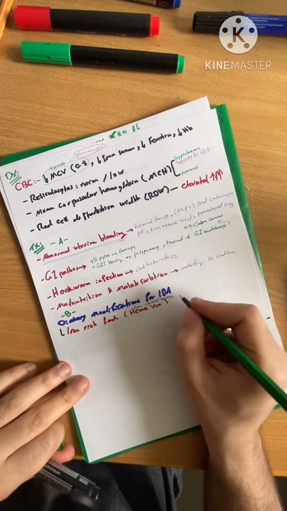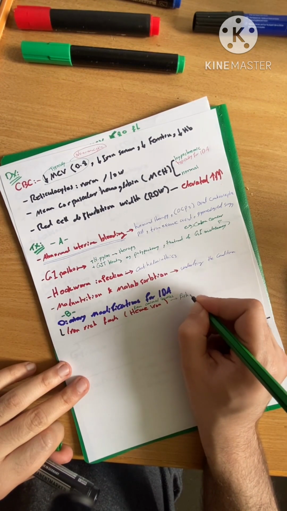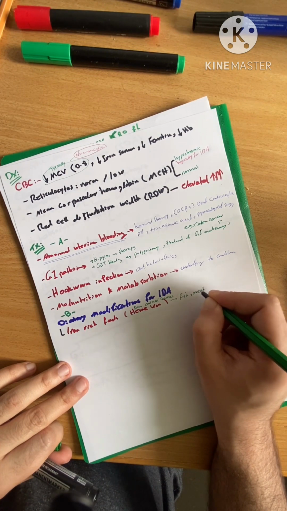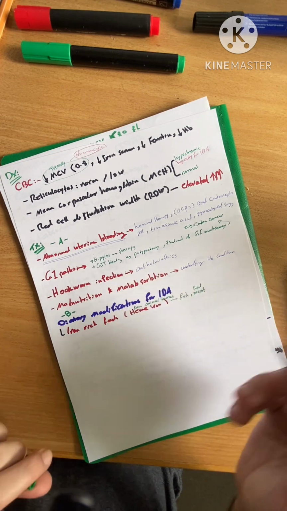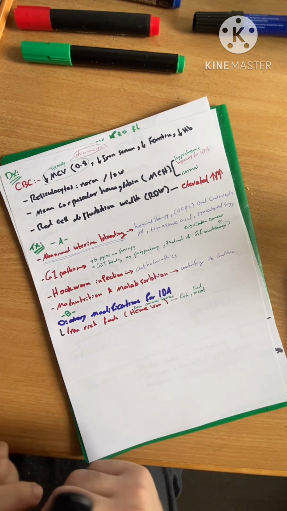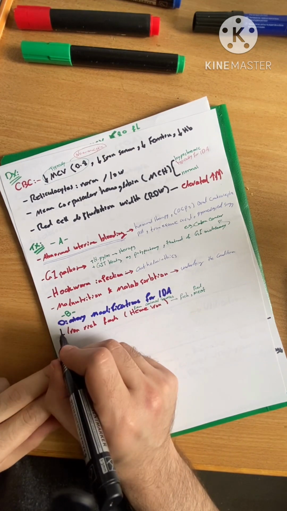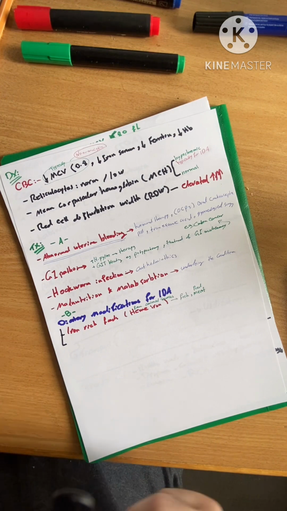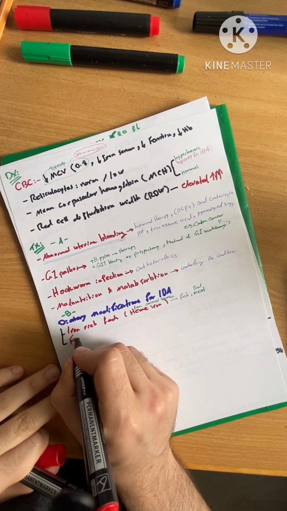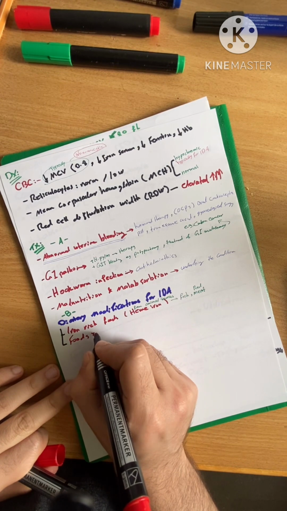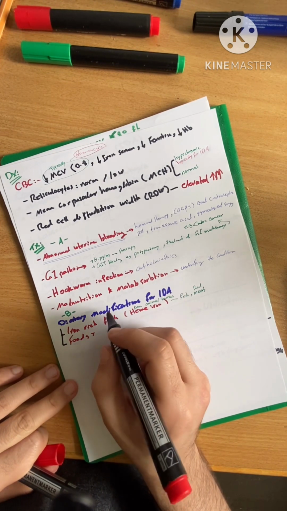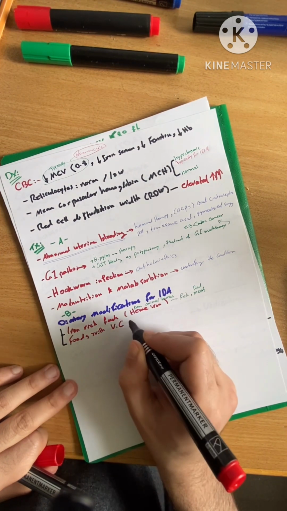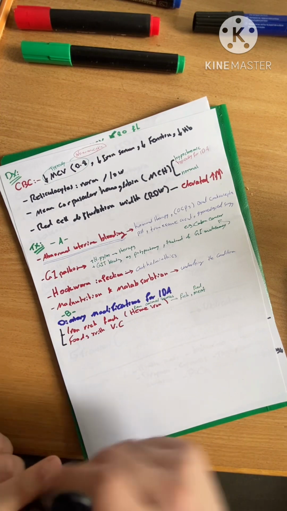Like fish, meat, red meat, and so on. Second, we can give vitamin C or foods with vitamin C to help what?